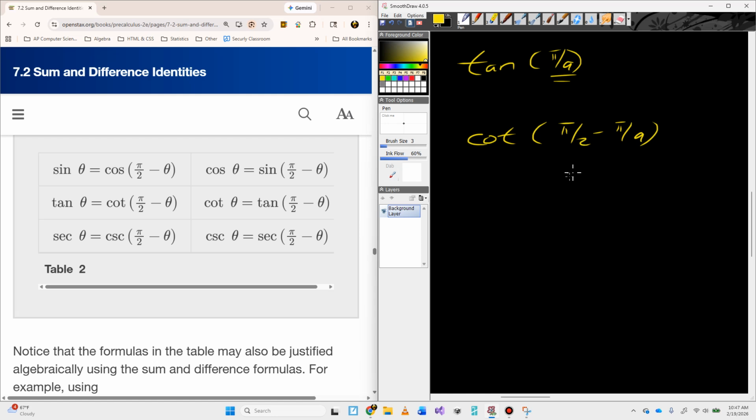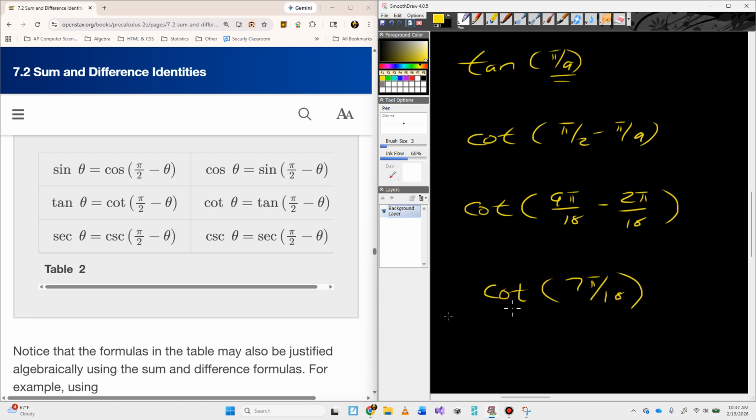And then I just need to subtract these two. So that's going to be 18. So I need to multiply this by 9. So that's going to be 9 times pi over 18. And then that's going to be 2 pi over 18, and that's going to be cotangent 7 pi over 18.